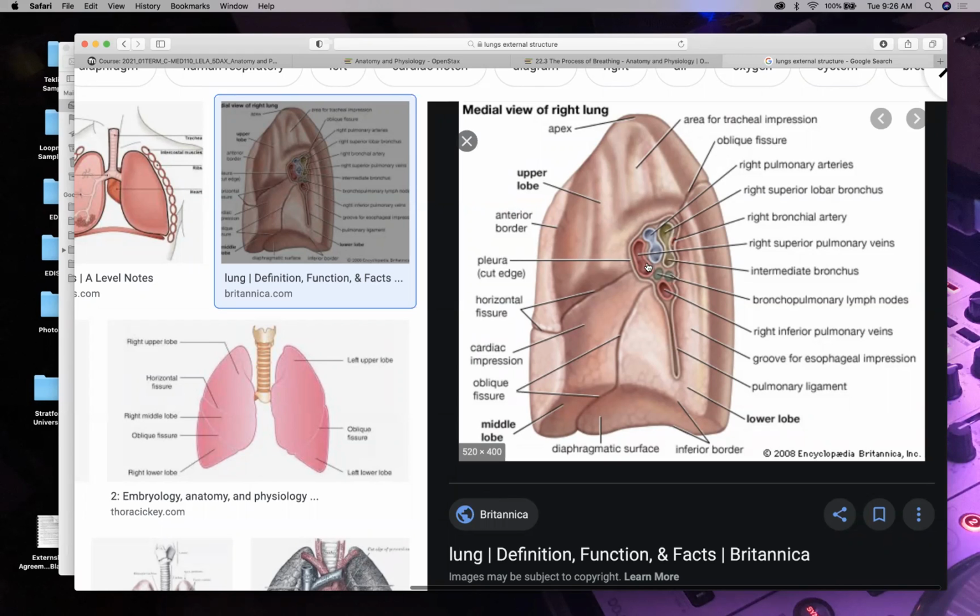Red, of course, is your pulmonary vein, and your blue is your pulmonary artery. Now, remember from the cardiac lecture, it's backwards, right? The oxygenated is the vein, and the deoxygenated is the artery for the pulmonary circulation. If you remember your heart, the box diagram and the video, and if you haven't watched it, please watch it.